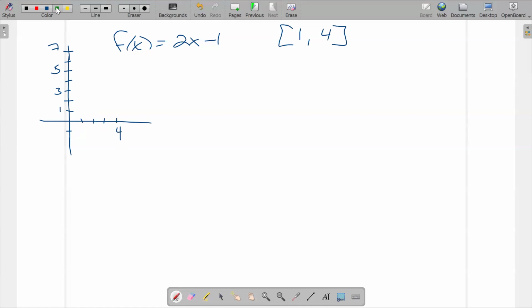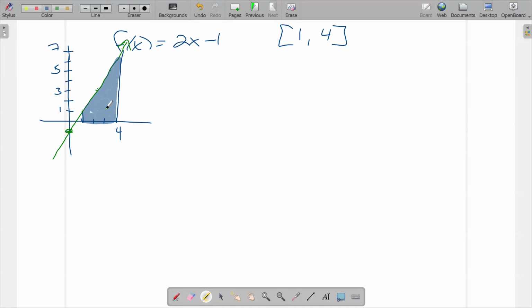So let's see, what do I have? I have the point 0, negative 1, going up and over, something like this. And I want to go from 1 to 4. So I want that area right there.